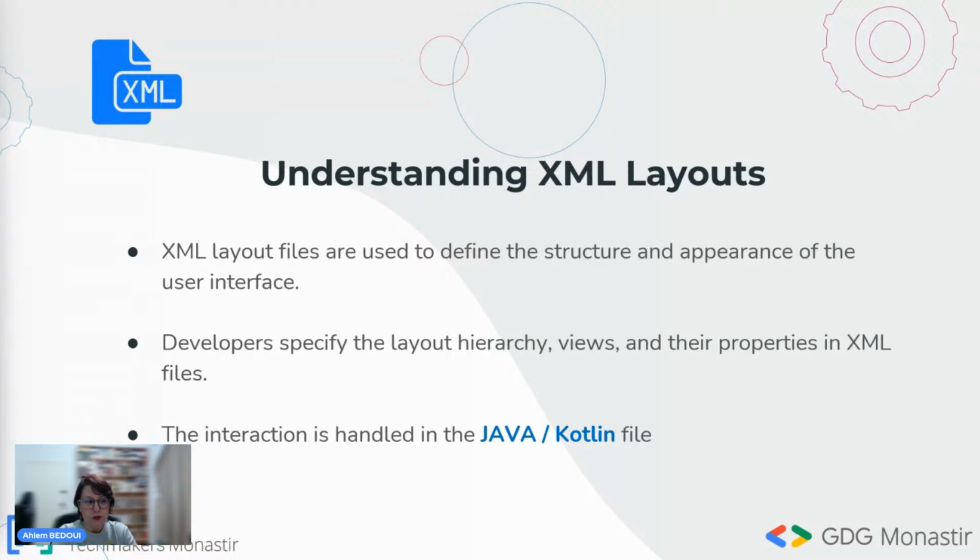The first one will be your UI layout.xml, and the second one will be either in Java or Kotlin. The first file, the XML file, is dedicated to defining the structure and the appearance of the user interface, which means our views. The second one, the Java or Kotlin file, will handle the interaction. So we have a design part and a logic part.